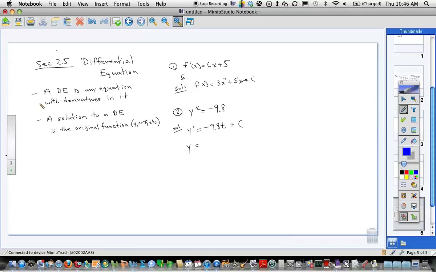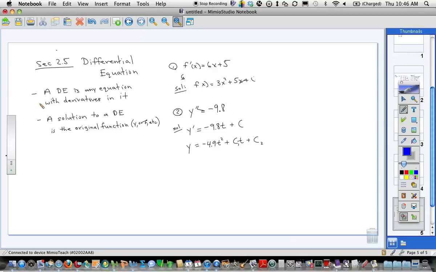So what's 9.8 divided by 2? Negative 4.9 t squared plus, now we've got an interesting dilemma here because this is just a constant. So what should that be? c t plus, now that would be a different constant, so I'm going to call that c1 and call this one c2.